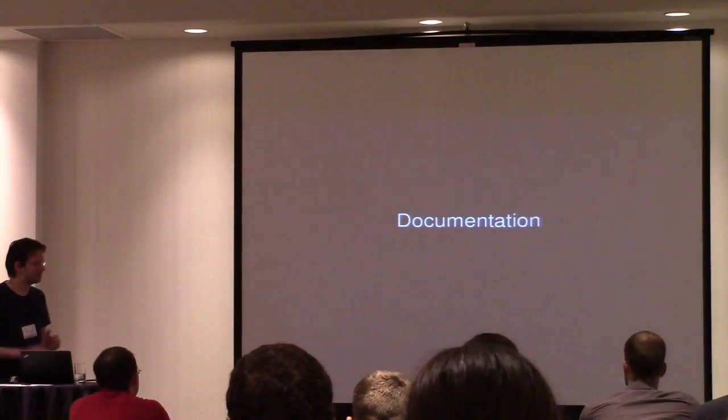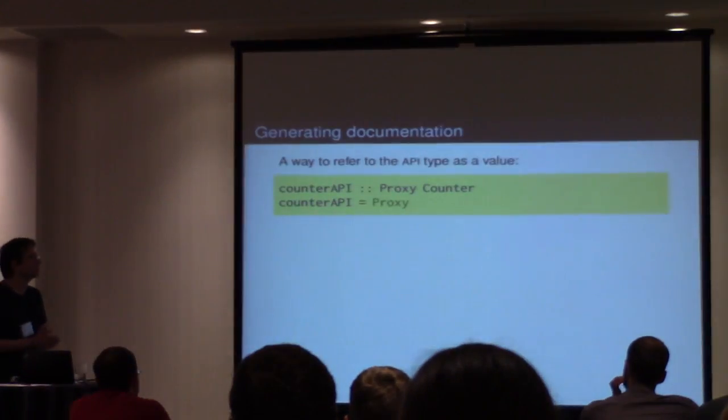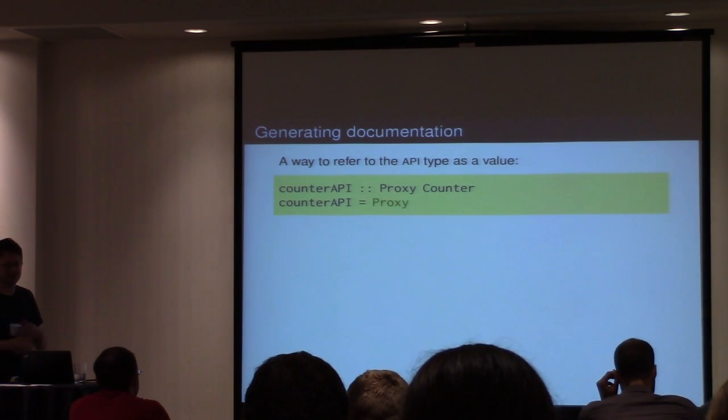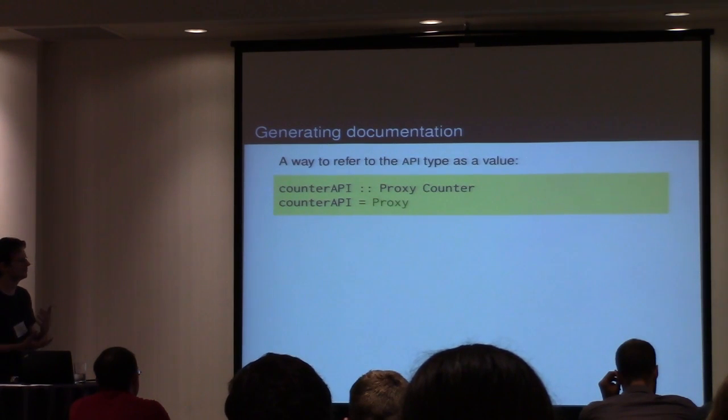I'll go through a couple of examples of these on the next few slides. Documentation generation. If you want to use the API that you've just seen in order to obtain some documentation, then you first need some way to link the type level and the value level.